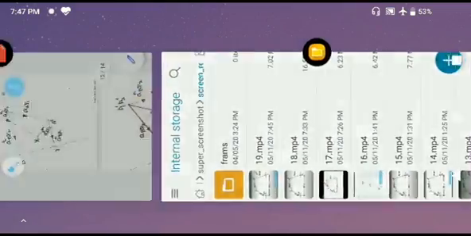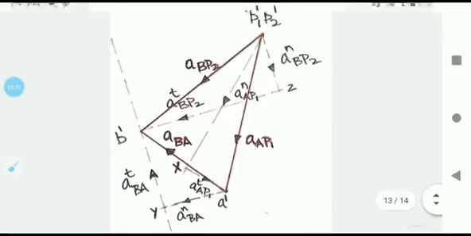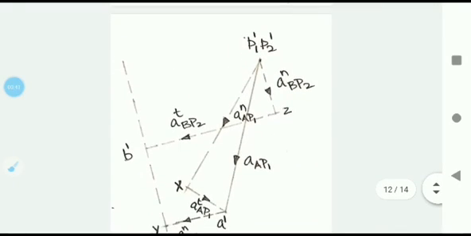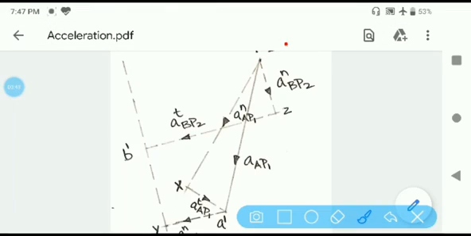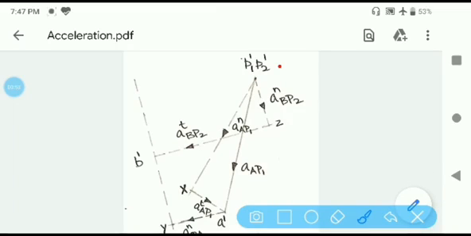In the acceleration diagram, from point P2 prime you draw a line parallel to the link BP2 in the downward direction.